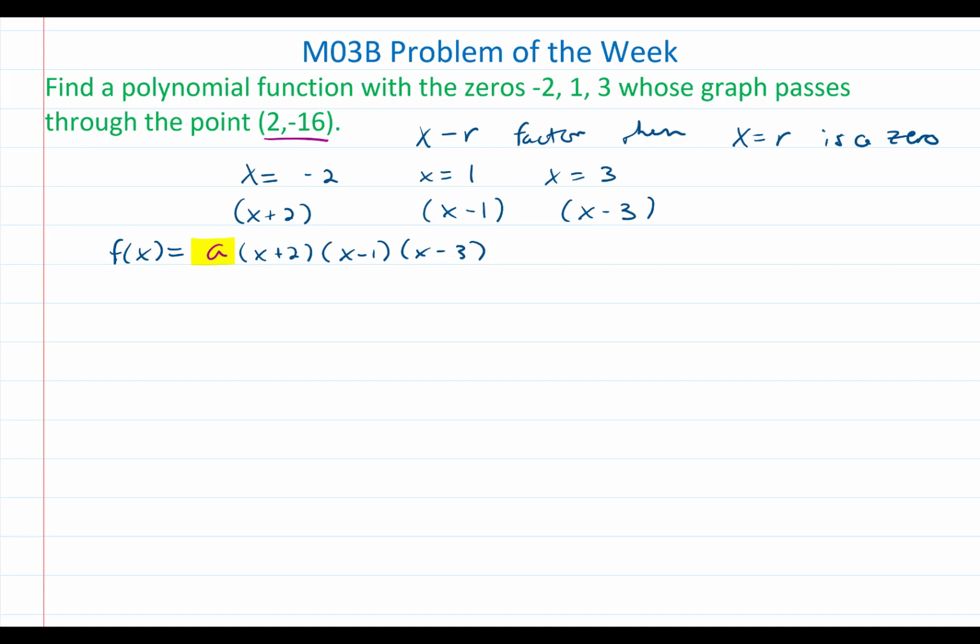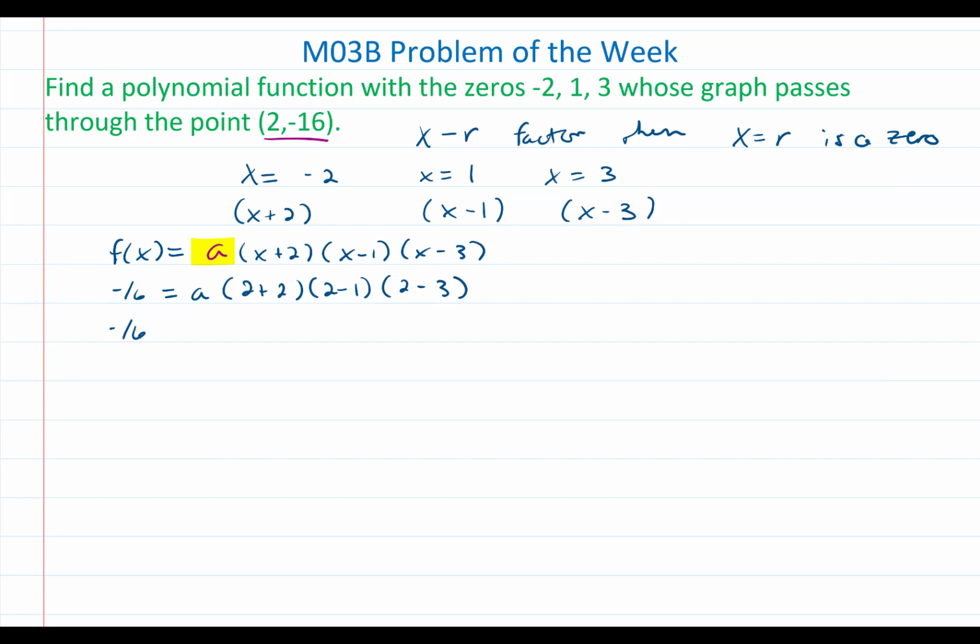So what we will do is replace the x variable with +2 and replace the output, or f of x, with -16. So we have -16 is equal to a times (2 plus 2) times (2 minus 1) times (2 minus 3), and we're going to solve this for a.